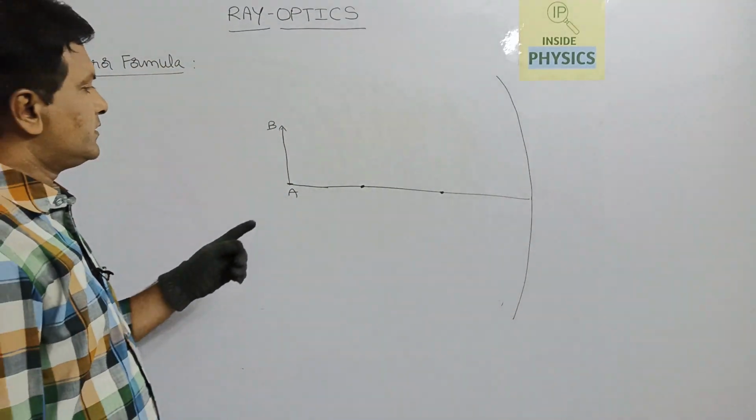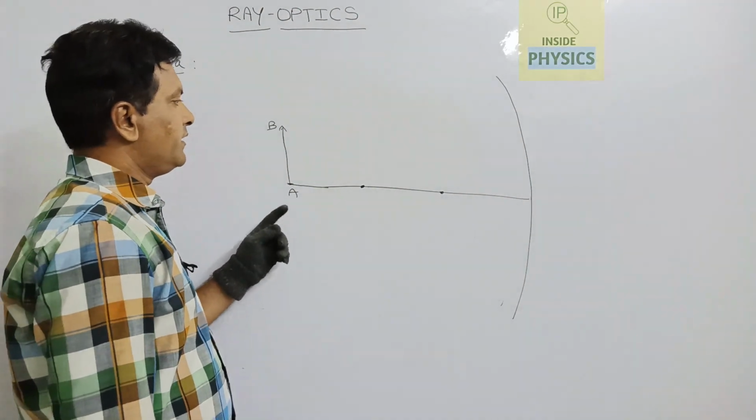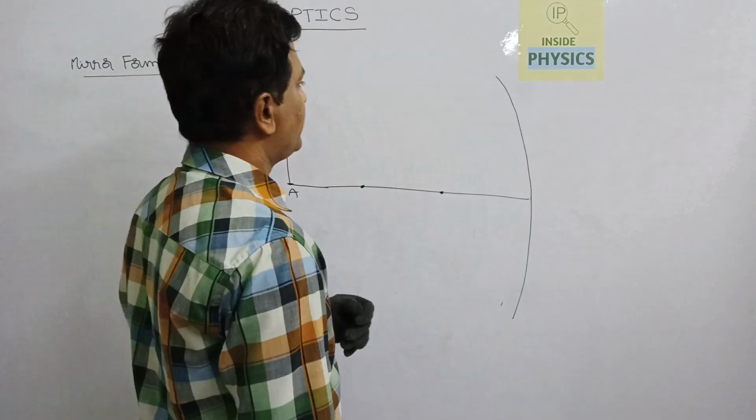These light rays from the object will be coming and falling on the spherical mirror.